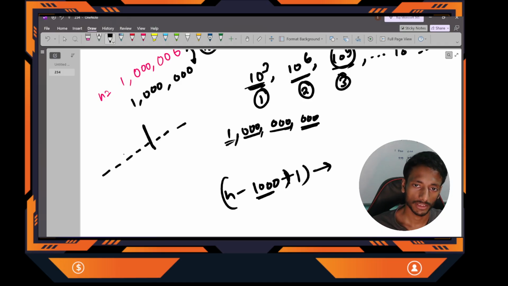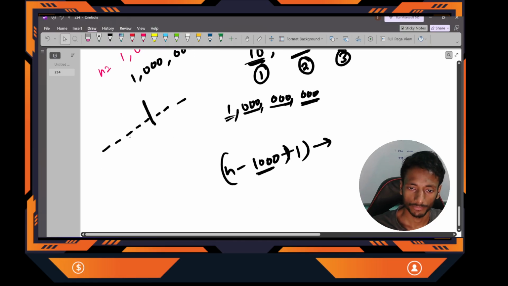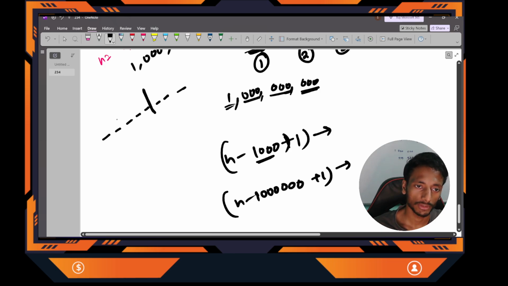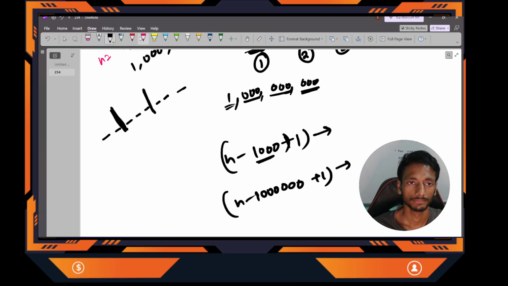Next, if I subtract n minus 10 to the power 6 plus 1, it gives me how many numbers I have where I can place this second comma, clear?